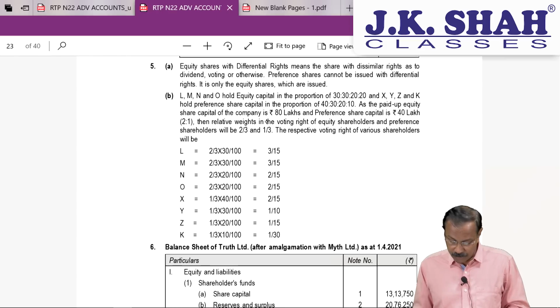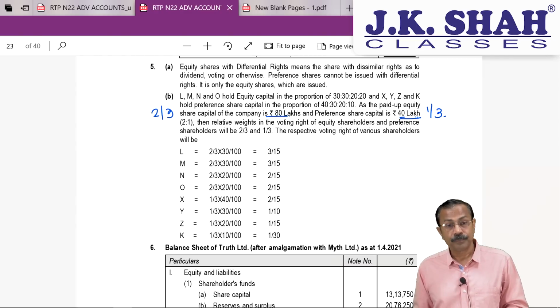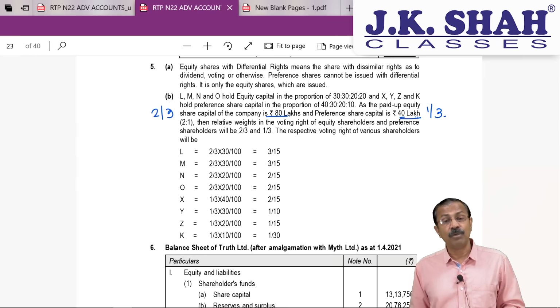Now, 80 lakhs is your equity share capital, 40 lakhs is your preference share capital. So, total share capital, this is 2/3, this is 1/3. Equity shareholders is 80 lakhs, preference shareholders 40 lakhs, total share capital 120 lakhs. 2/3 is equity, 1/3 is preference share capital.